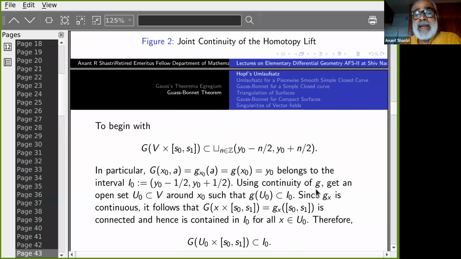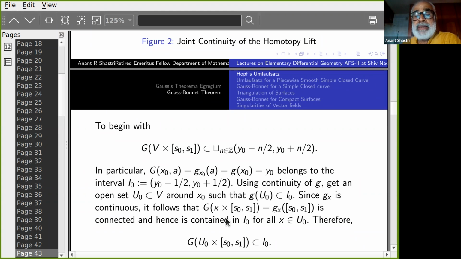So using connectedness and continuity of G, we first of all get an open set U naught contained inside V around X naught, such that G of U naught is inside this interval. So use the continuity of G to get a smaller neighborhood around X naught contained inside V, which satisfies this. Then Gx is continuous when you restrict it to a single point, G of X cross S0 to S1, which is the Gx of this one, and this is a connected set.